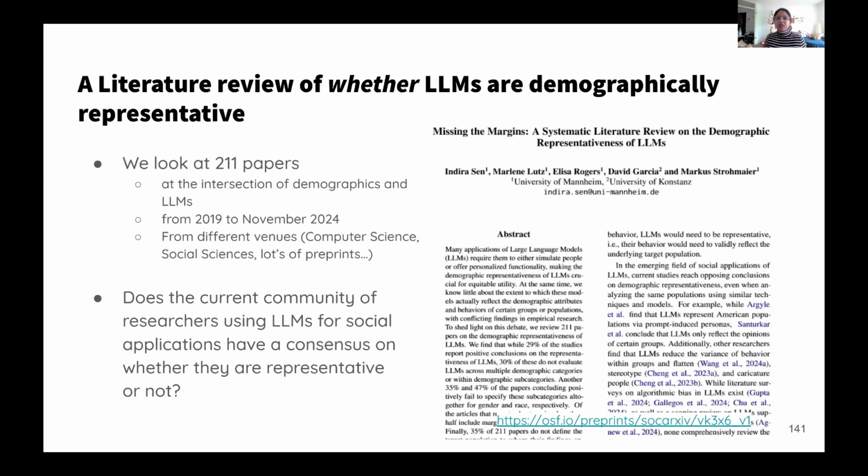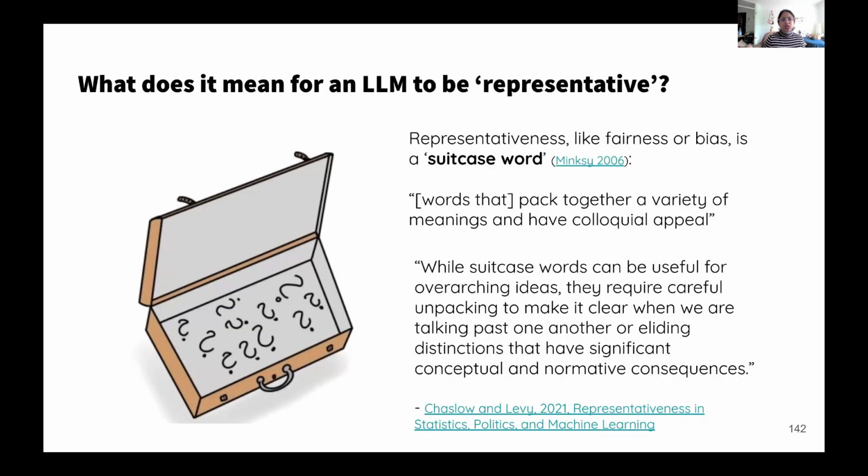So we conducted a literature review of whether LLMs are demographically representative by looking at 211 papers at the intersection of demographics and LLMs from different disciplines, and we tried to see if researchers using LLMs for social science research or social applications have a consensus on whether they are representative or not.